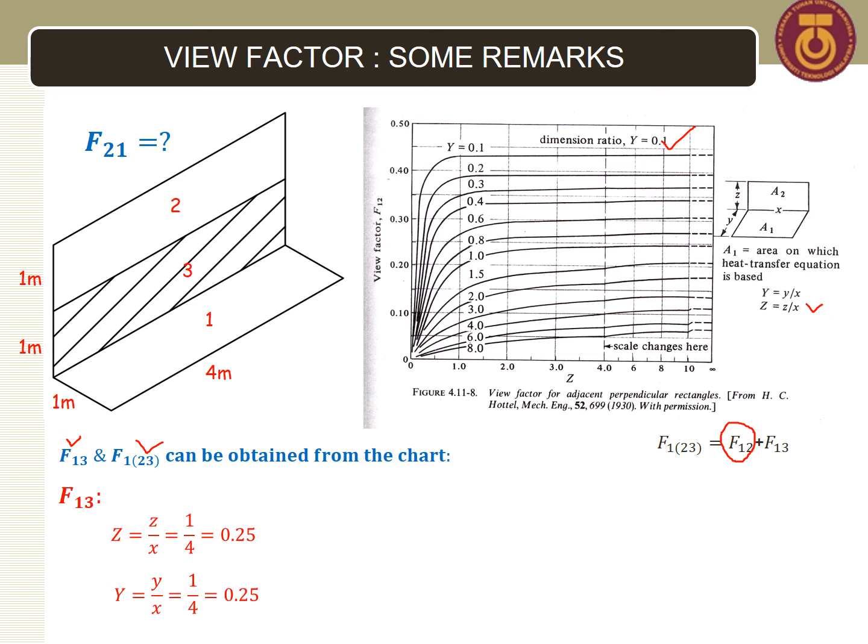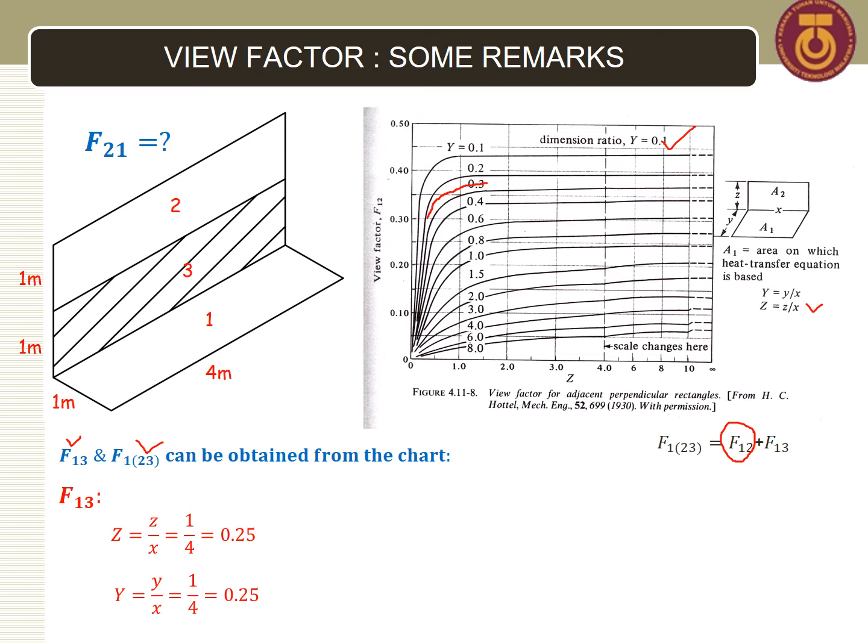Y in this case equals 1 over 4. This width is 4, so it's also 0.25. So 0.25 is around here, and the curve of 0.25 is not there, but it's around here.